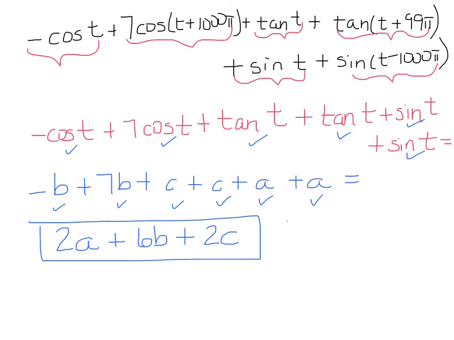Cosine, sine, and tangent are fine because in quadrant 1, everything's positive. But when you go counterclockwise, that's when things change, because now sine and tangent, the exact values, are negative. So that's why those change. And that's it.